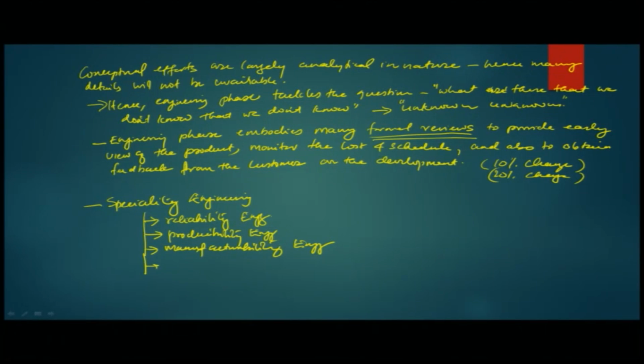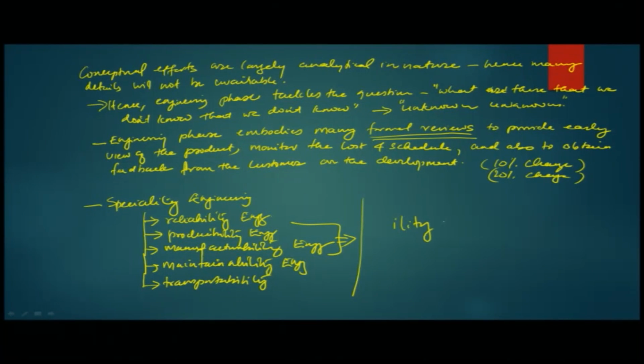Some people also talk about maintainability engineering. These two are kind of the same, but maintainability engineering is different. Then you have transportability, and so on. Usually these are called the elite engineering, the specialty engineering.